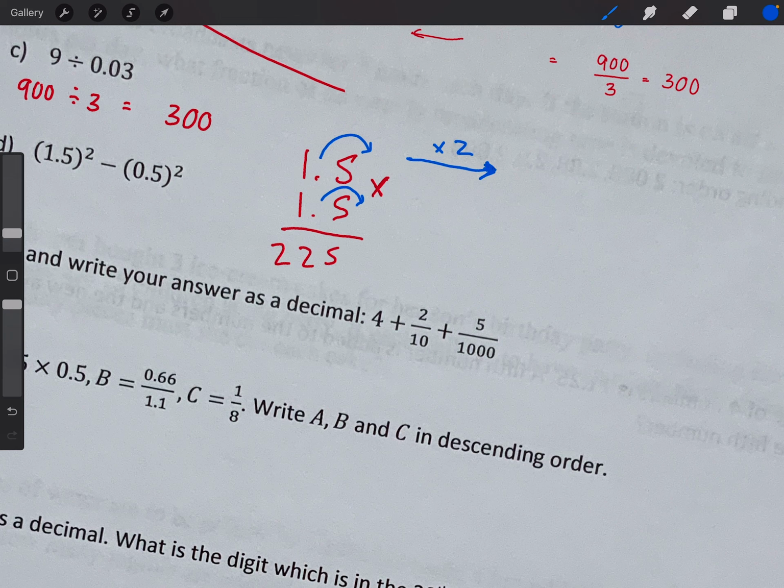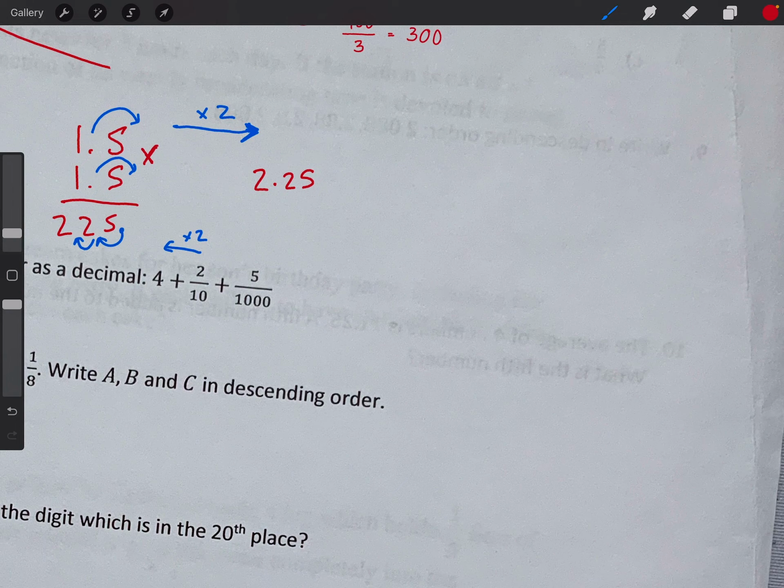When we get the answer, the decimal place is right here at the moment. We're going to move it back 2 spaces to the left, 1, and then 2. So now the answer becomes 2.25. That's one way to figure out where the decimal place will land.